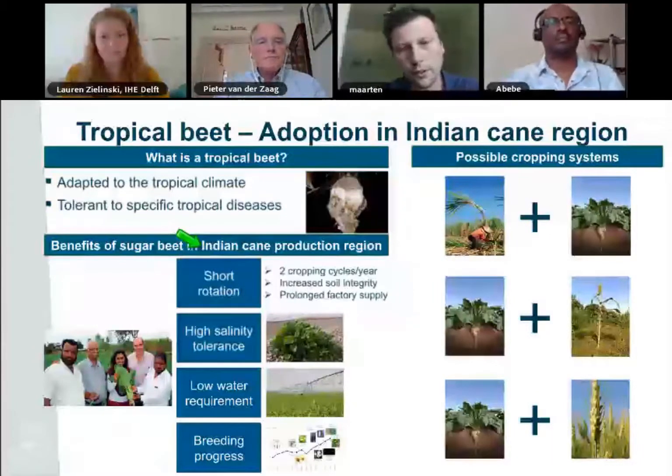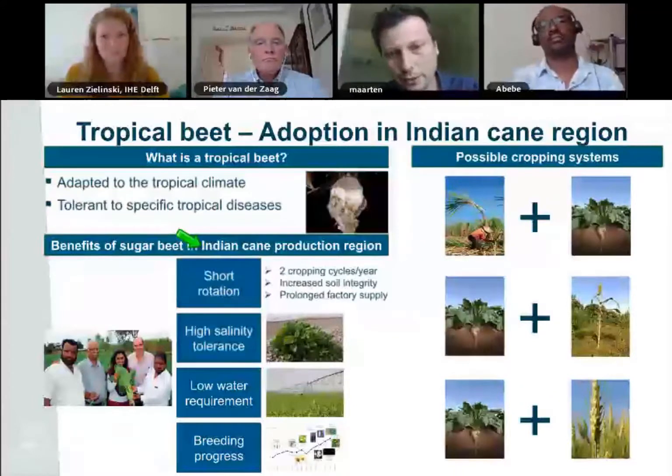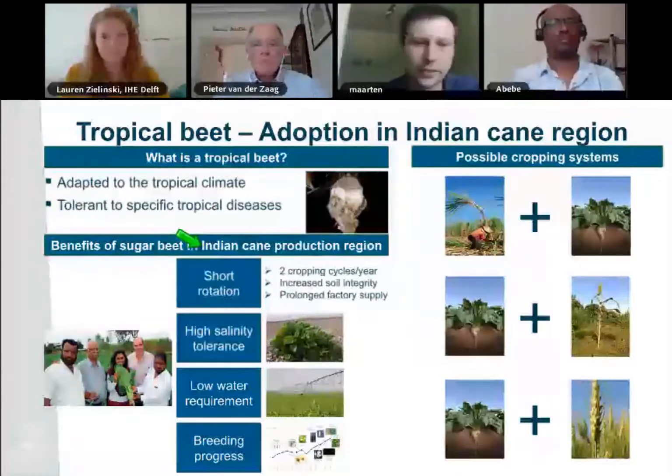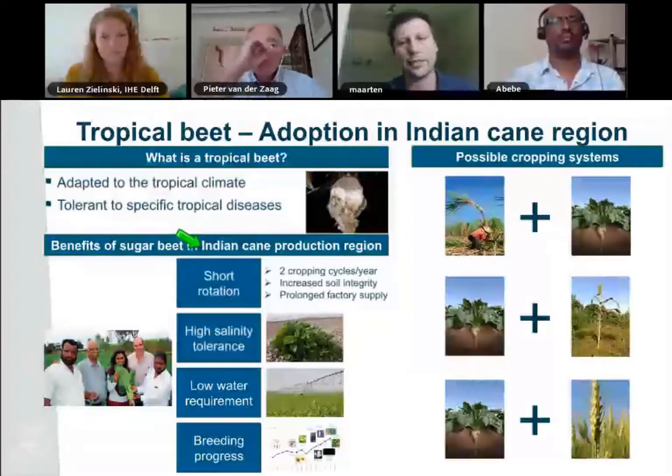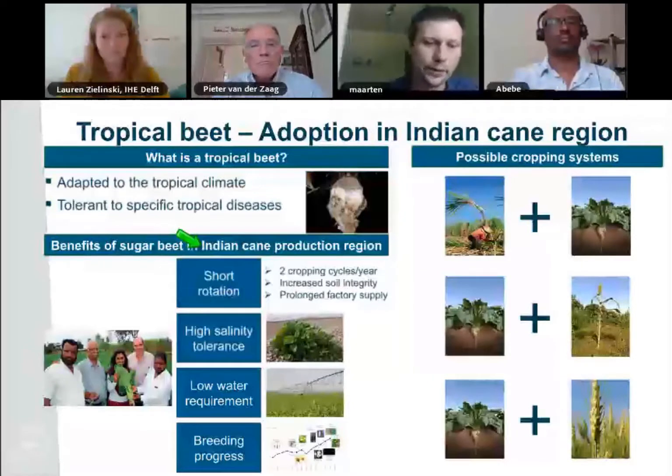Another possibility is that you combine sugar beet with another sugar crop, sweet sorghum, for instance, and then you can combine 2 sugar crops within 1 year. The third option is what we know best from the temperate region, that you rotate sugar beet with cereals or other crops. And in more southern, subtropical, tropical regions, this has the advantage again that you can do 2 croppings within one year and maintain a better soil quality by rotating.